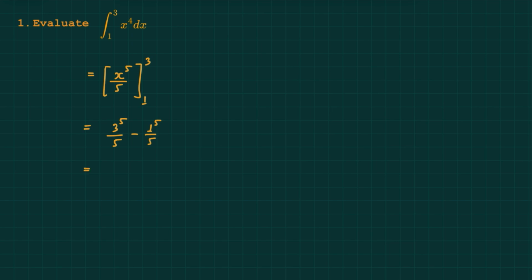So this equals 3 to the power 5 is 243 by 5 minus 1 over 5. So this equals 243 minus 1 over 5. Hence the answer is 242 by 5.